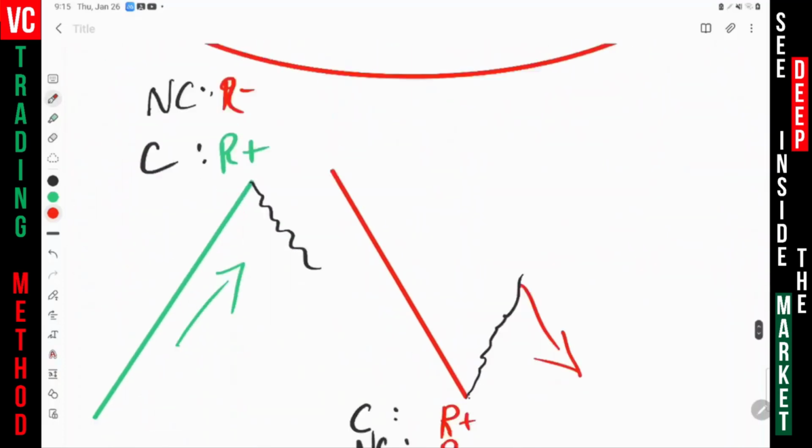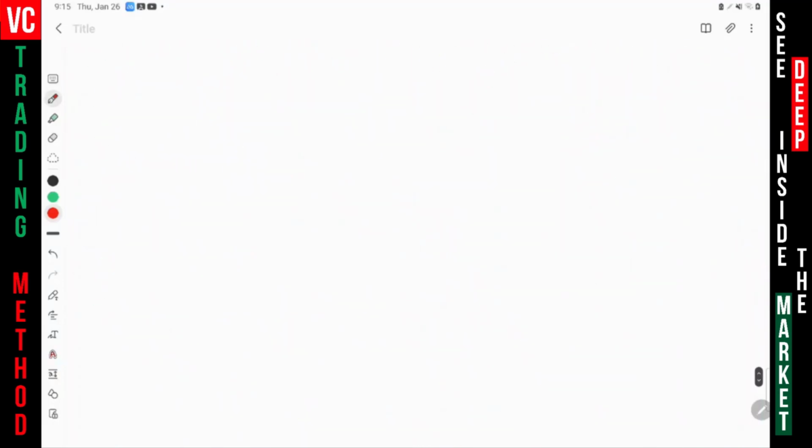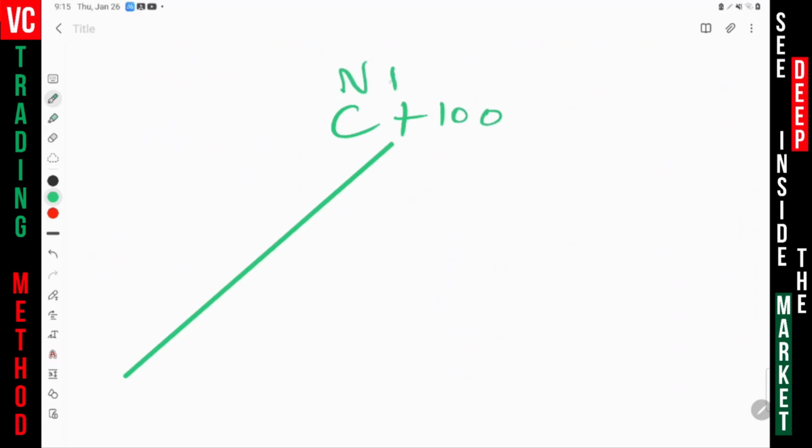Let me give you a very simple example here. For example, this is a wave here. We have continued results here, plus 100. Non-continue, we have like plus 25.